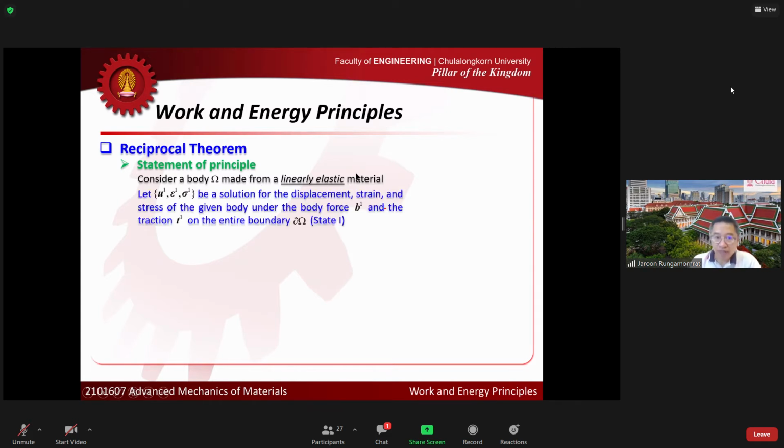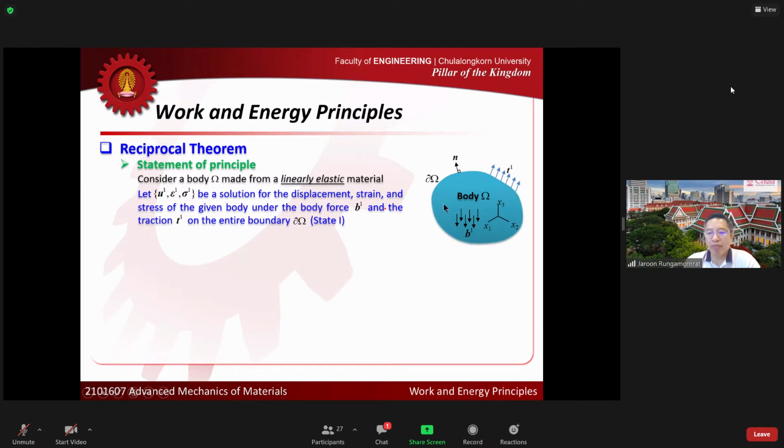Now look at state 1 of the body. Let's look at the body that's subjected to the body force field B1 and the traction on the surface. For the entire boundary, we know the traction T1. T1 here is the prescribed traction on the entire boundary.